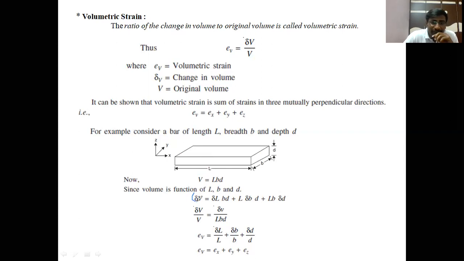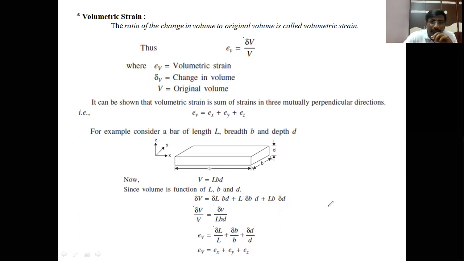That means the change in volume dV can be written as the differentiation of L, that is delta L, with the remaining two parameters kept constant, B into D, plus, in the second term, L and D remain constant and delta B is the differentiation of breadth. And in the third term, LB is constant and the differentiation of D is delta D.